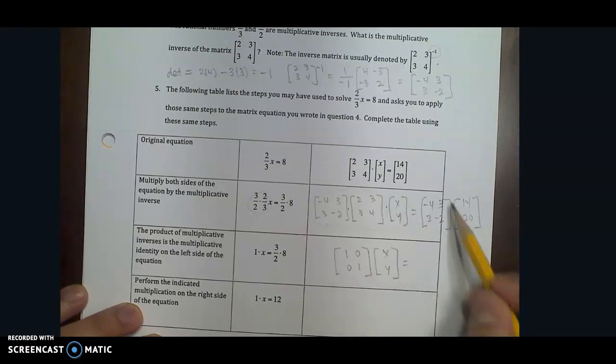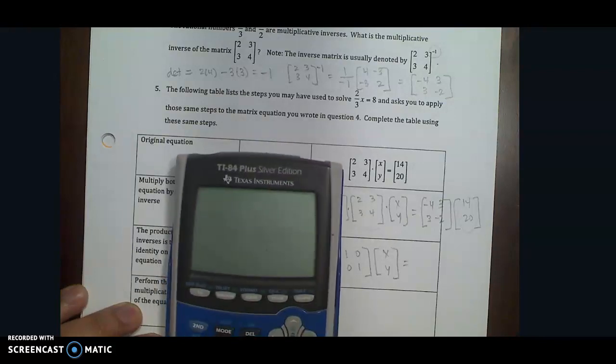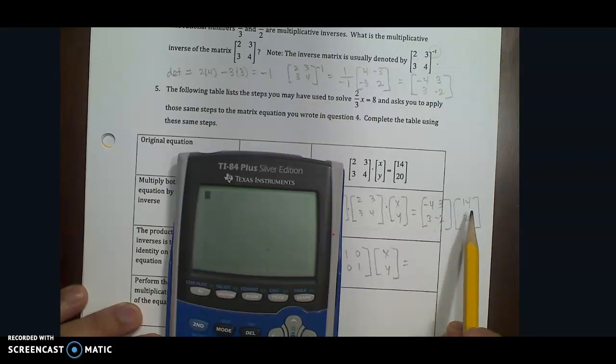Now this one we actually have to multiply, so we're going to do row times column. I'm going to do that in my calculator to speed things up. Top row times this column: negative 4 times 14, and we add to that 3 times 20. That gives me 4.